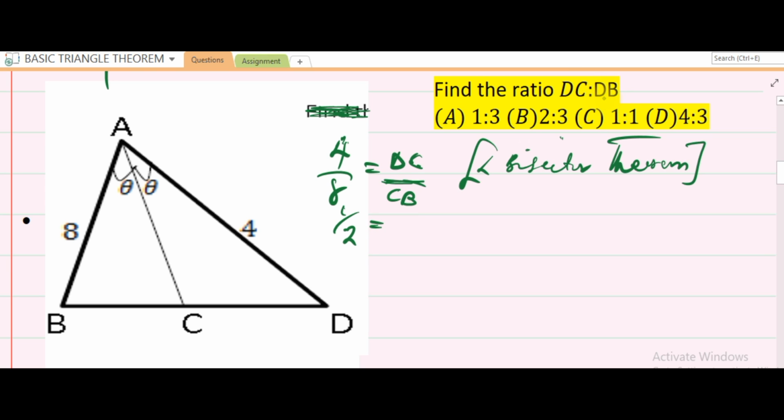If you want to get DB, it's very simple. DB must be BC, or DB, minus DC.